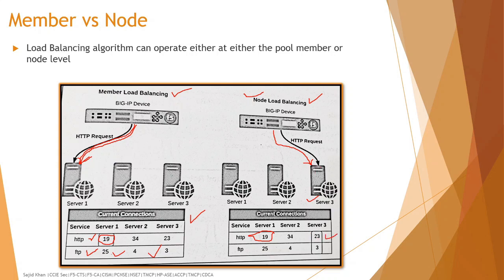Here the question is why server 3 is receiving a request from the BIG-IP. In node load balancing, F5 will consider the complete concurrent sessions, either HTTP or FTP. So if you add these two values, it will become 26. Similarly, if you add these two values, it will become 44. So 26 is less than 44. That's why it is forwarding the request to server 3.